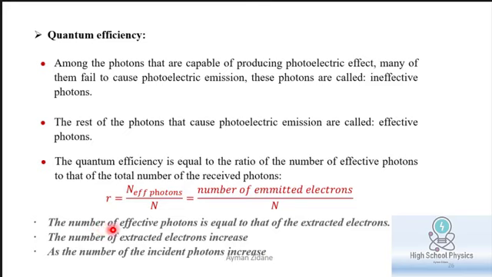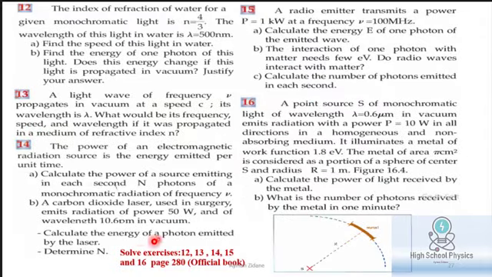Note, the number of effective photons is equal to the number of extracted electrons, and the number of extracted electrons increases as the number of incident photons increases. Now try to solve exercises 12, 13, 14, 15, 16, page 280 using your official book.